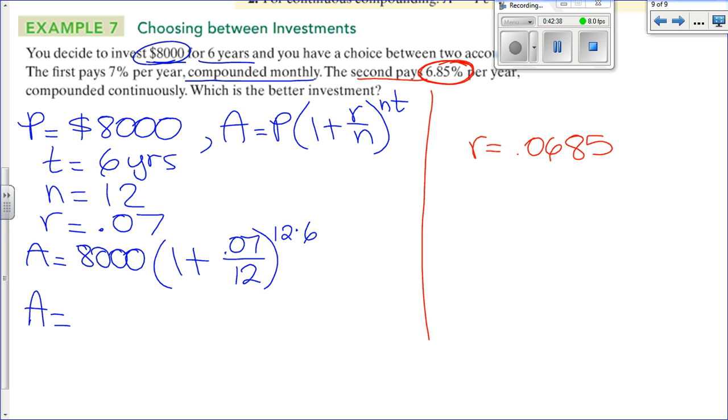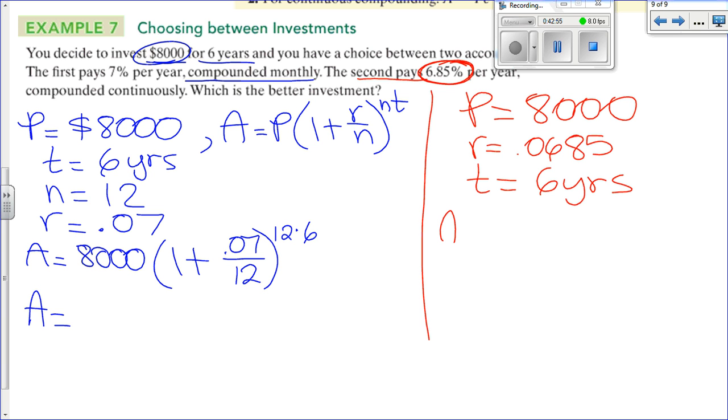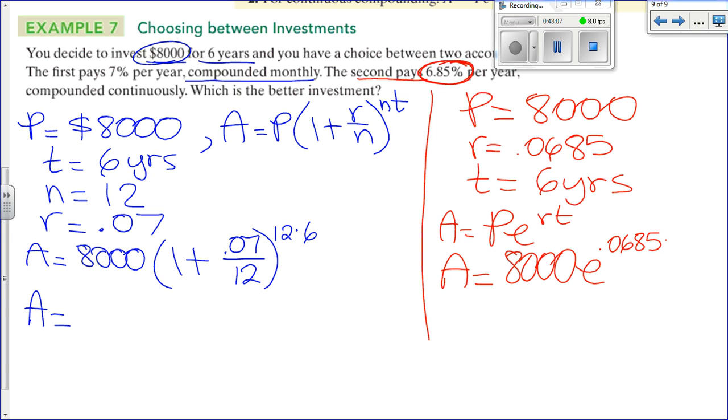The time, since we're comparing them, I'm going to use the same time, so 6 years. We're talking about the same amount of money, so $8,000. And then what else do we need here? That's it. That's all we need. So we will use this formula. If we do our substitutions, we will have 8,000 times e to the power 0.0685 times 6.